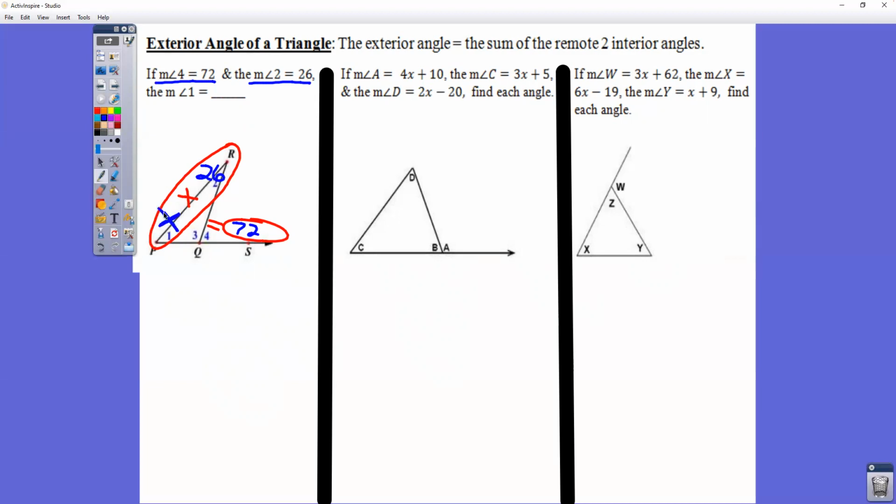Well, whichever one we're looking for, that's just going to be X. So when you go to set up your equation, these two angles added together, X plus 26, equals your outside angle of 72. Solve that one-step equation, minus 26 minus 26, and you get an answer of 46.